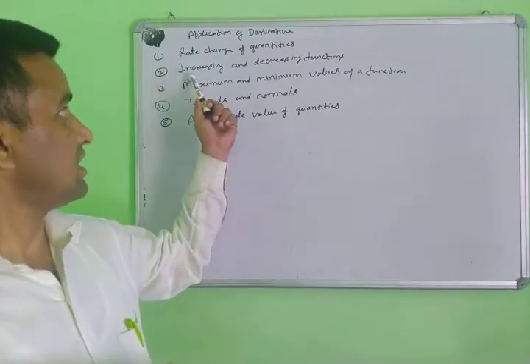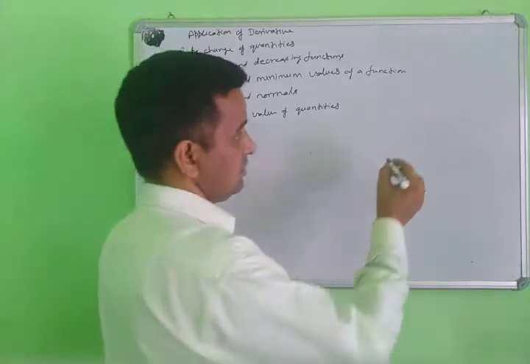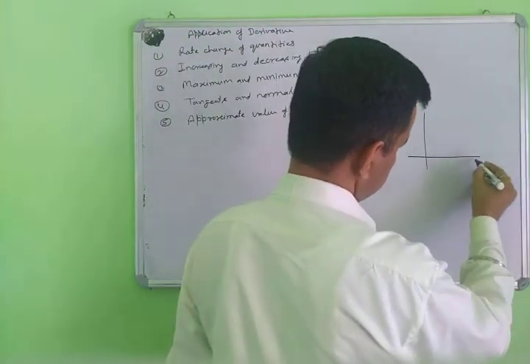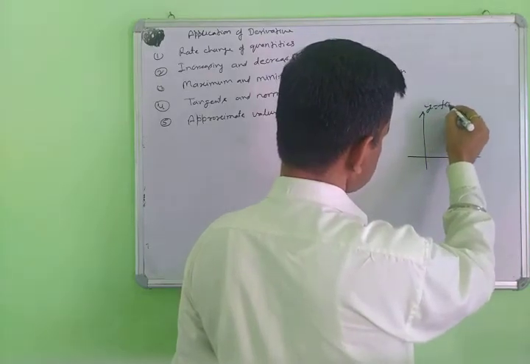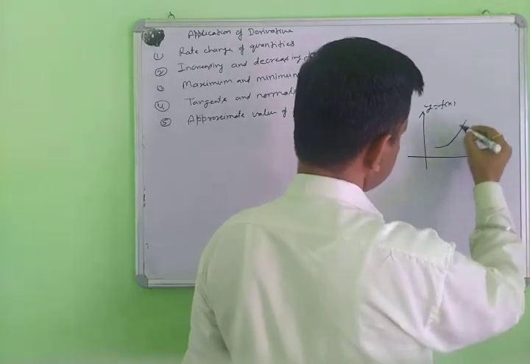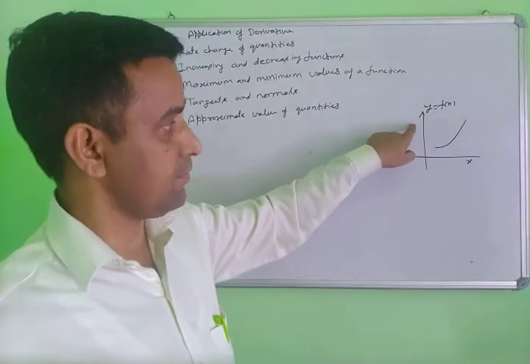Second, increasing and decreasing functions. You know what increasing is? Suppose this is x and this is y = f(x). An increasing function means when x is increasing, y is also increasing.